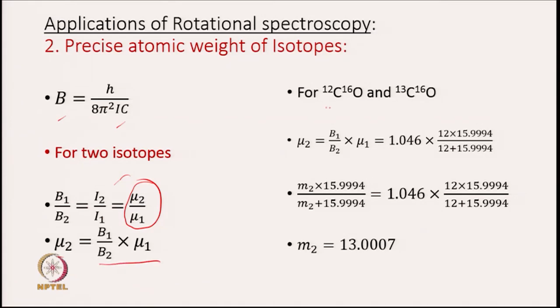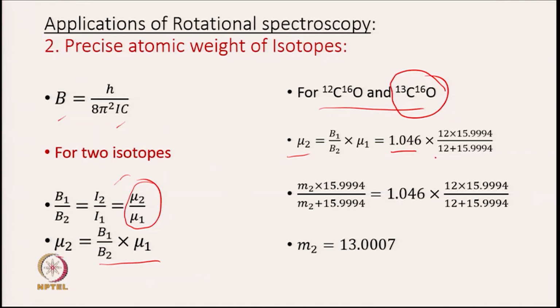So if I take the example of 12C 16O and 13C 16O, mu2, meaning the reduced mass of 13C 16O, will be given by B1 by B2 into mu1. We already know B1 by B2 is 1.046. This is obtained from the rotational spectra of 12C 16O and 13C 16O.